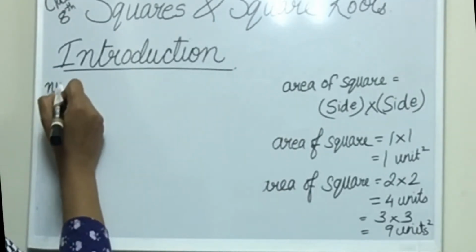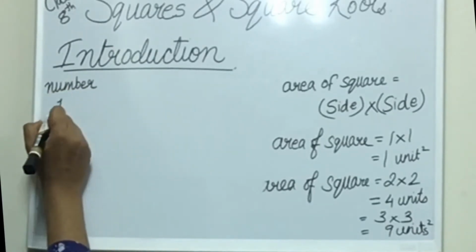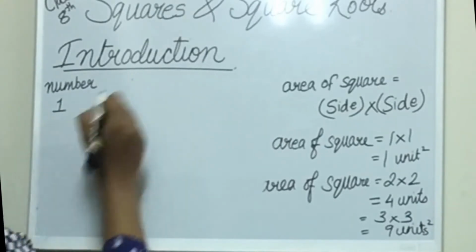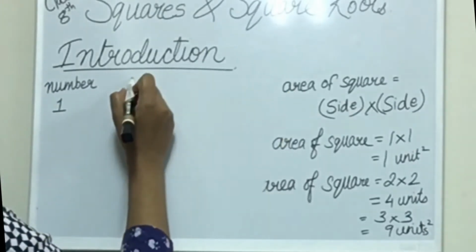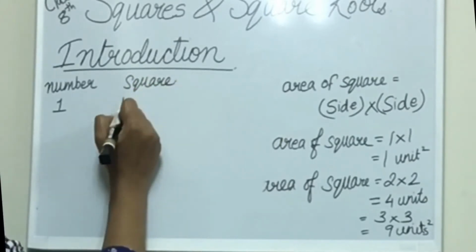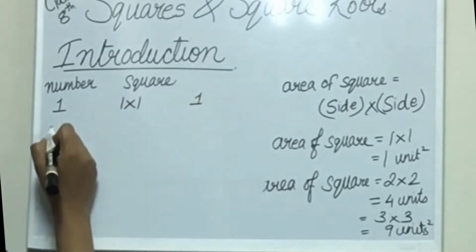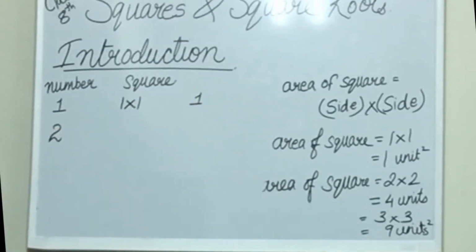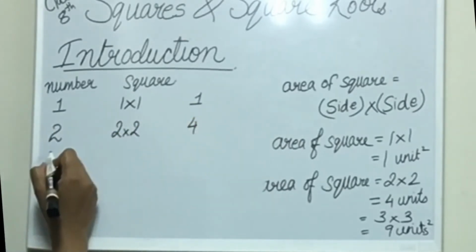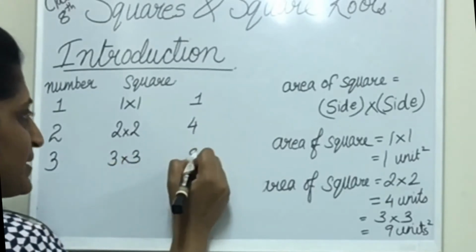So, if the number is 1 or the side is 1, then the area of square will be 1 times 1 or 1. If the number would have been 2, then it would be 2 times 2 or 4. If it is 3, then it would be 3 times 3, which is 9.